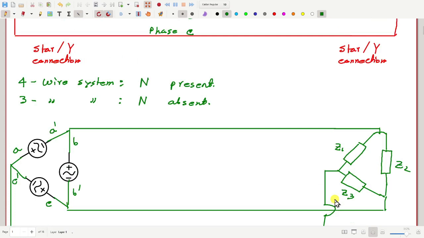Now let me give you some terminologies. The voltage between any two lines, like these two lines, is called line to line voltage.